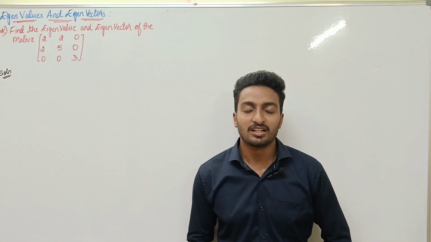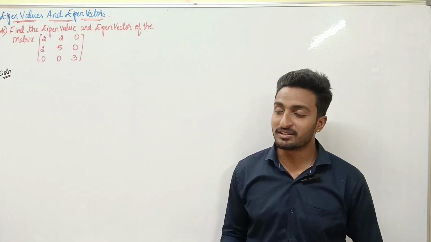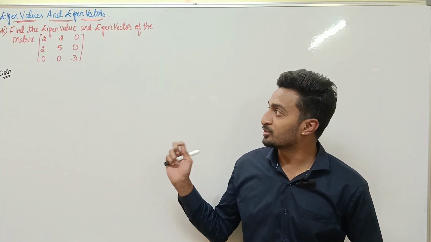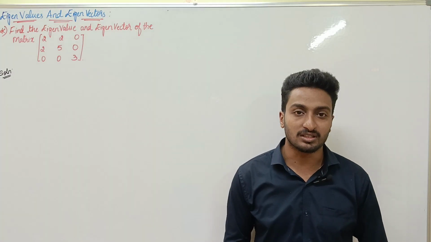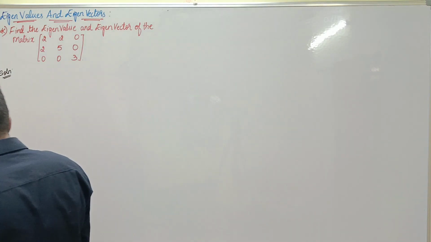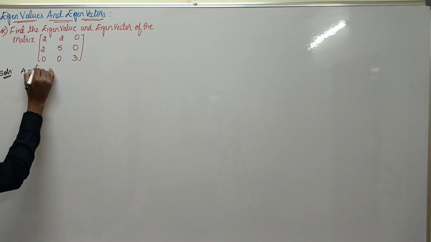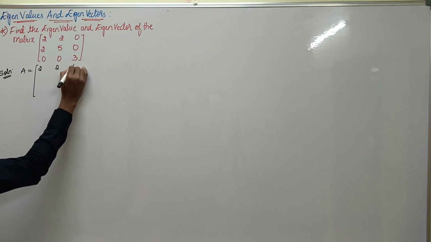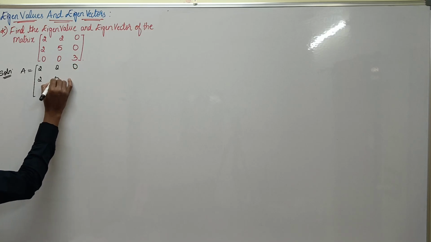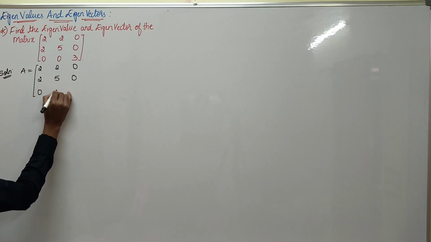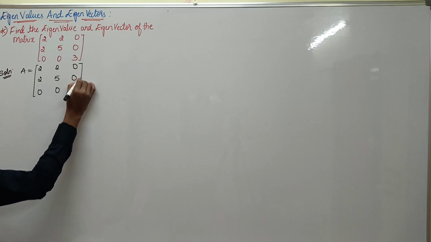Today, let us learn how to solve the eigenvalues and eigenvectors with respect to the matrix 2 2 0, 2 5 0, 0 0 3. Let us first write the matrix A, which is equal to 2, 2, 0, 2, 5, 0, 0, 0, 3.